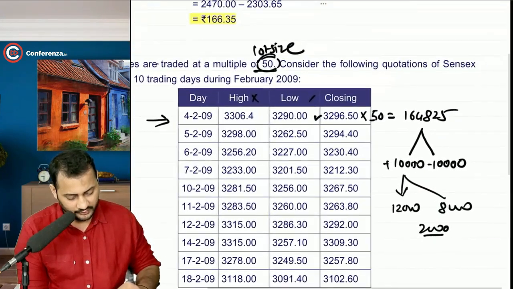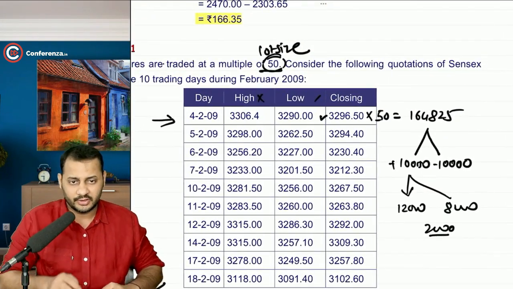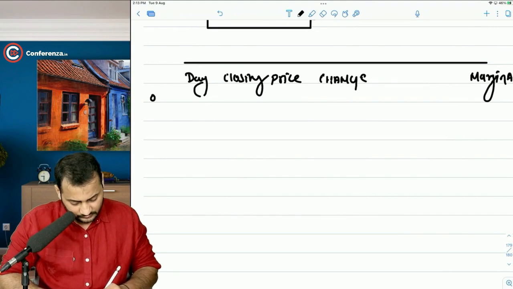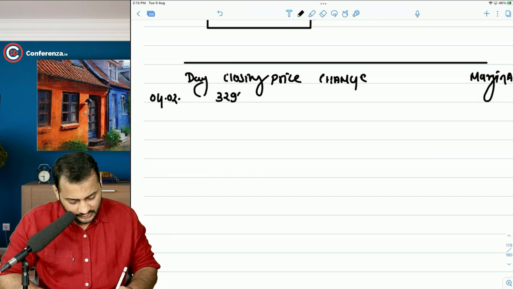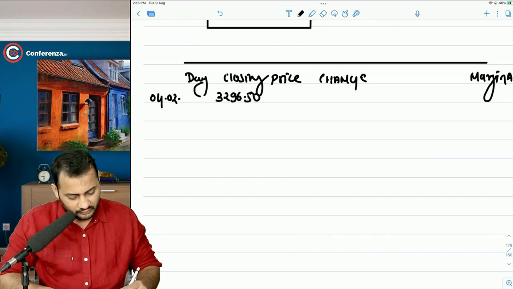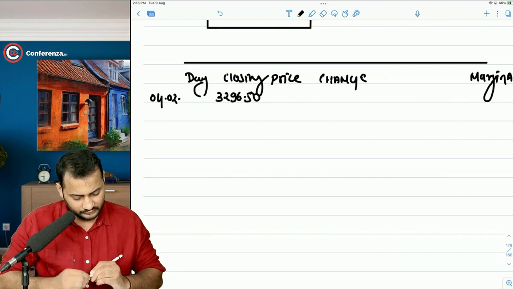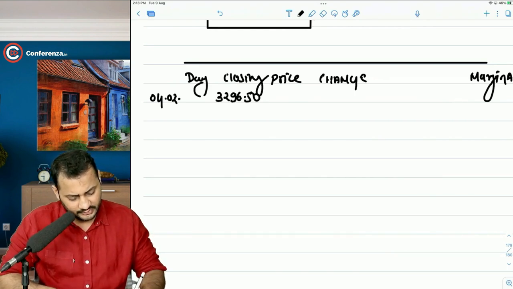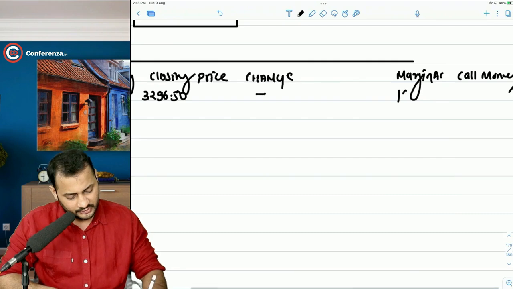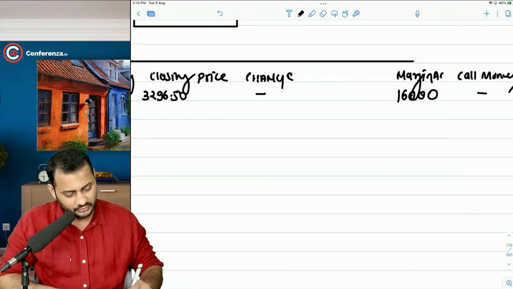On 4th of February, the closing balance was 3296.50. So what will be the contract value at that time? There is no change in this, so the margin account balance will have 16,000. There is no call money.